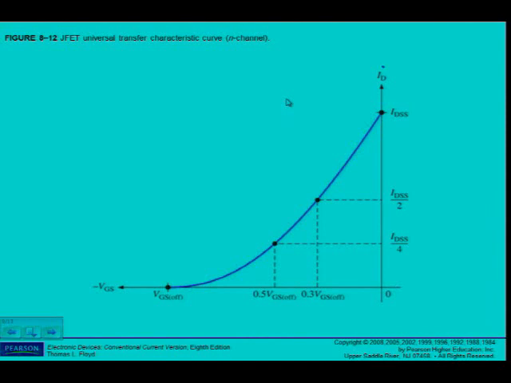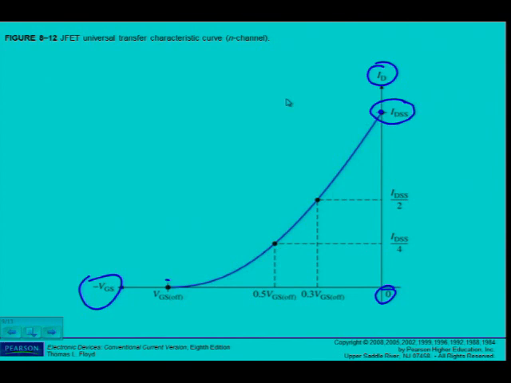Again, ID is plotted against VGS, and I normally get these values from the data sheet. What do I get from the data sheet? IDSS. That is when VGS is equal to 0, of course. Maximum current is flowing through this device, so I can already plot the point IDSS, maximum current for this device.